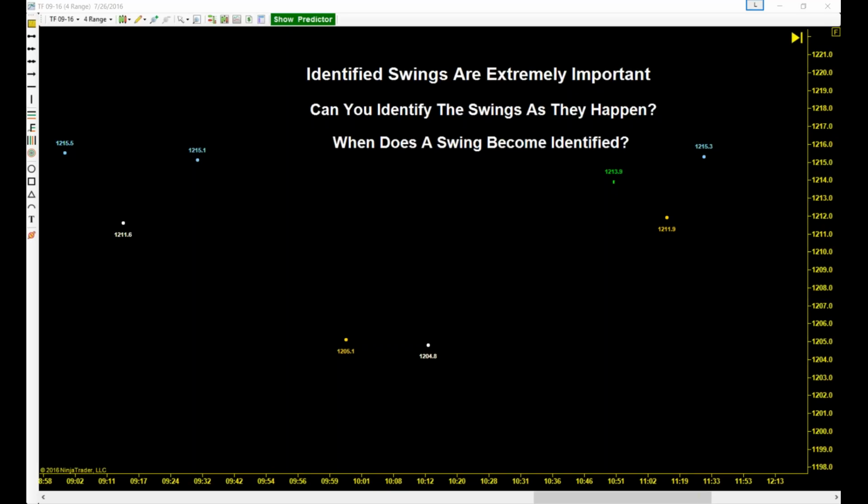So if you know how to identify the swings, then how could you get on the wrong side of a trade? It would be pretty hard to do, right? And that's extremely important because your identified swings is what makes a difference in how you trade and how much money you can make.